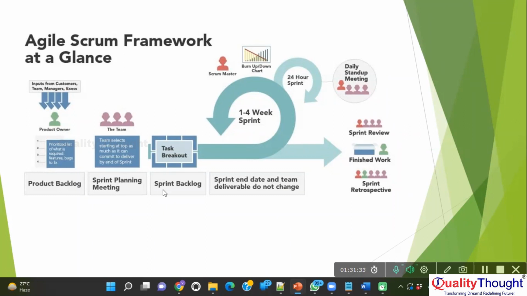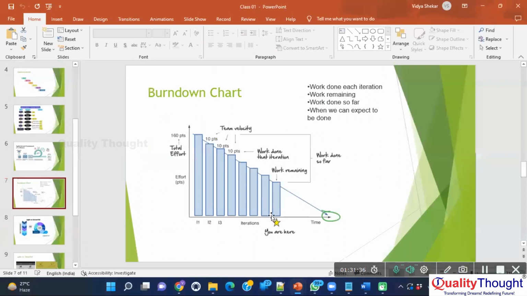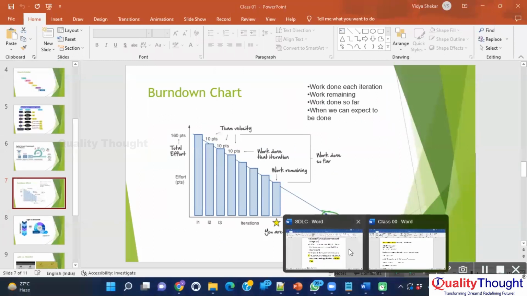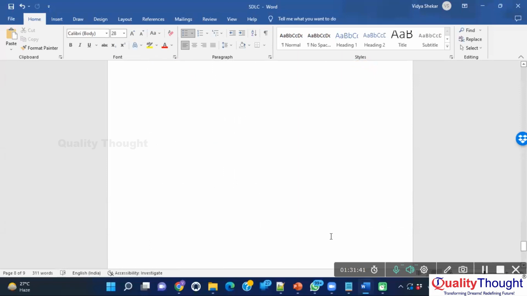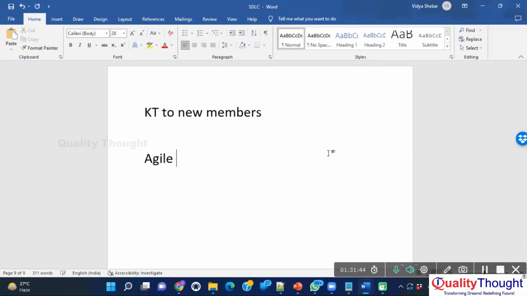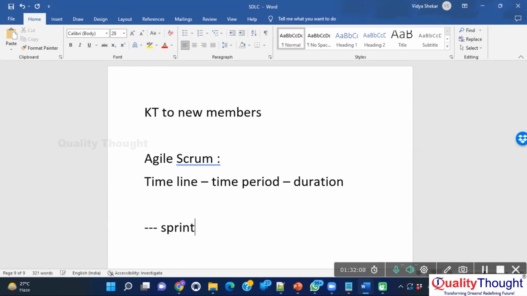Here you need to understand the timeline, or the time period, or the duration. In layman language, it's called duration. In IT, it is called a sprint.